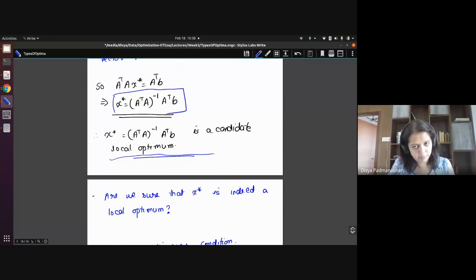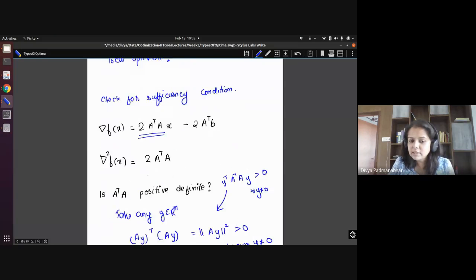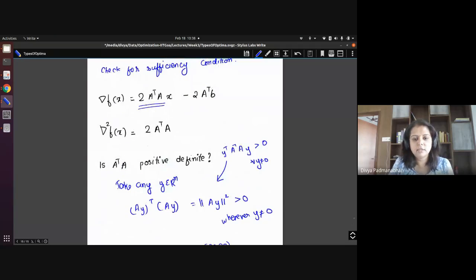One thing I want to also mention here is this is a very special kind of function in which this A transpose A, this Hessian, del square f(x), is going to be positive definite for any x. So these are some special kind of functions.